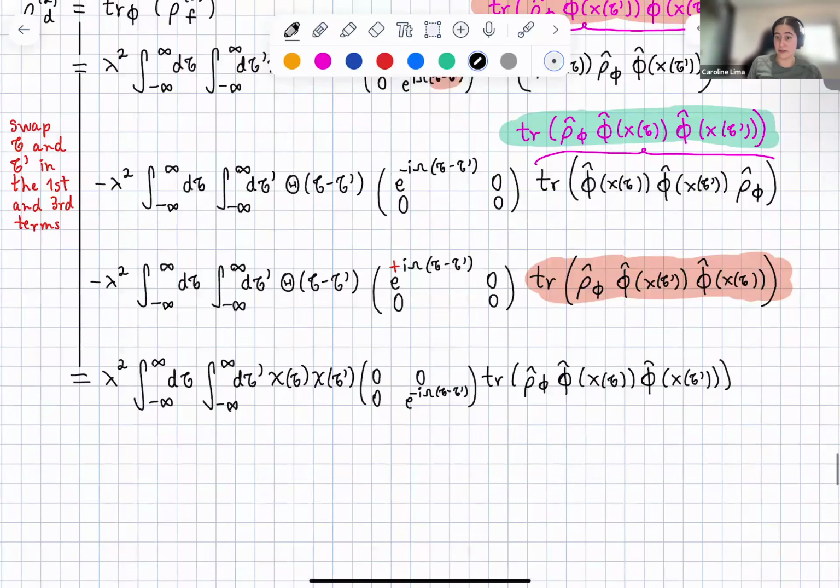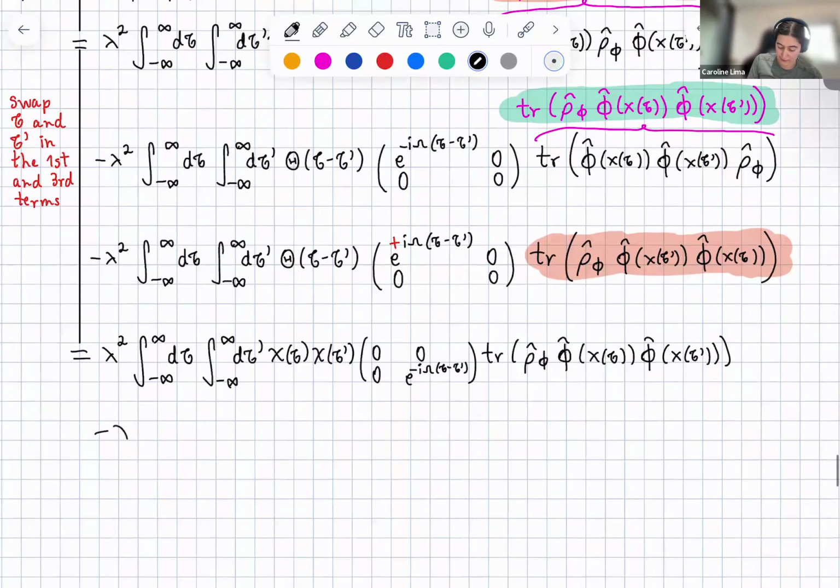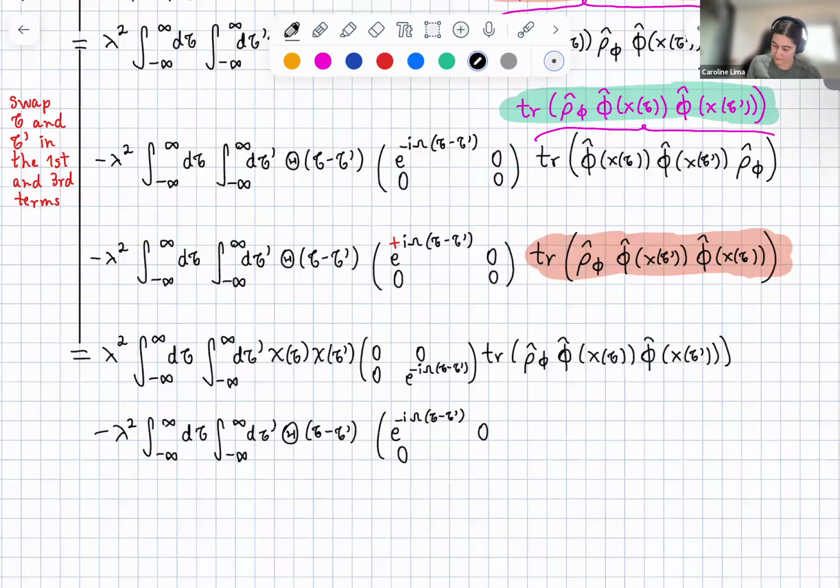All right. Then the second term, I'm just going to copy, right? I haven't changed anything there. So I'll just copy it. And times the same trace as I have here. Phi of x of tau, phi of x of tau prime.